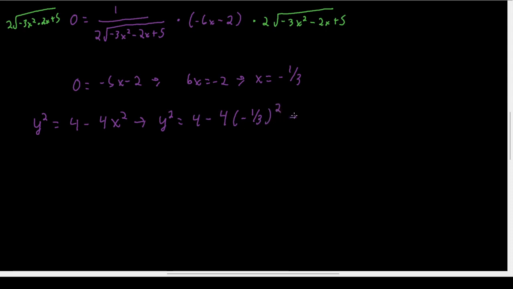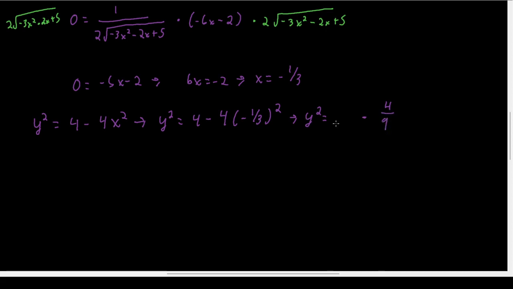And then simplifying this out a bit, I'm going to first work on this negative 1/3 squared times 4. Well, negative 1/3 squared is 1 over 9, right? So we're going to have 4 over 9.